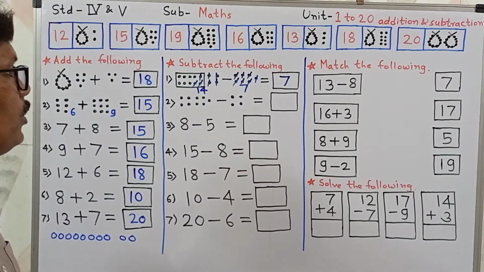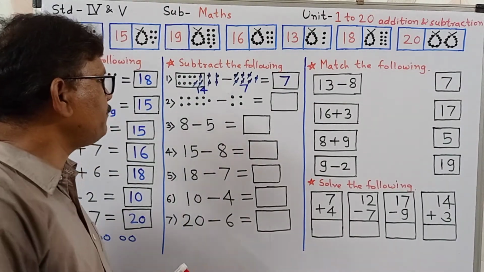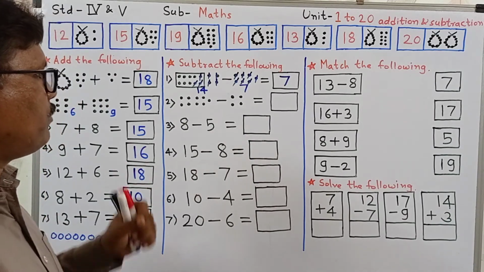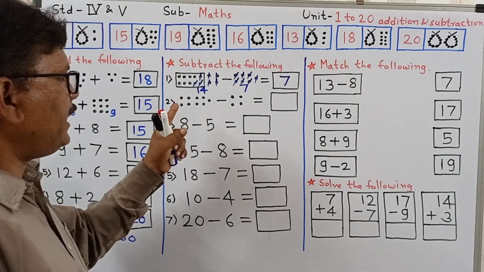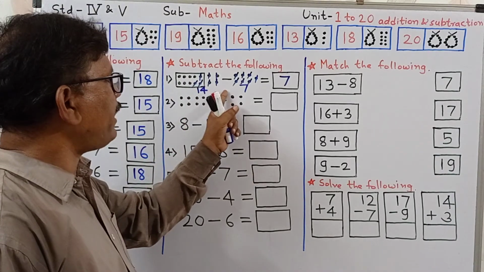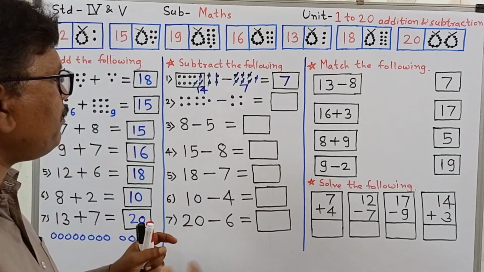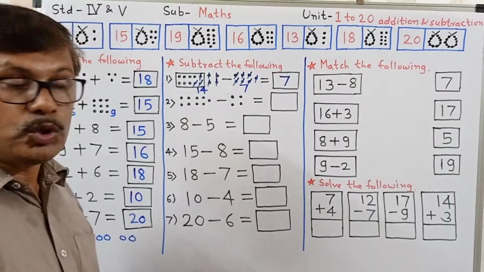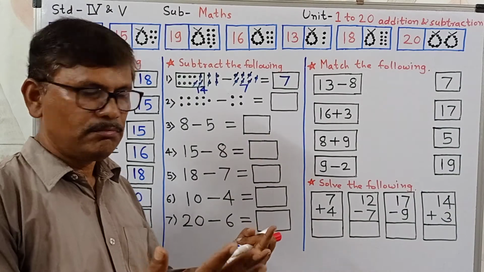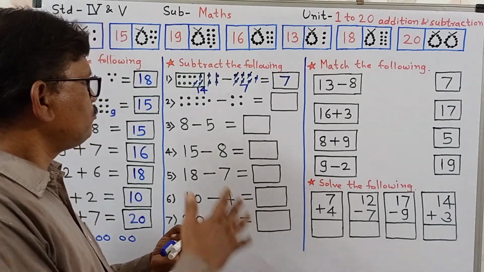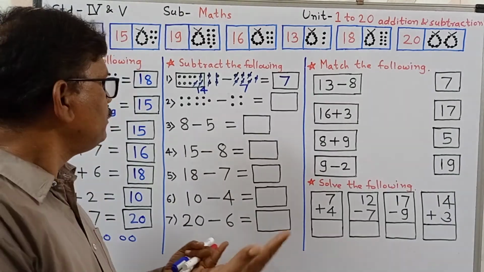I am repeating how to subtract these equations. For 14 minus 7, how many do we have to minus? 7. So take 7 and count down from 14.